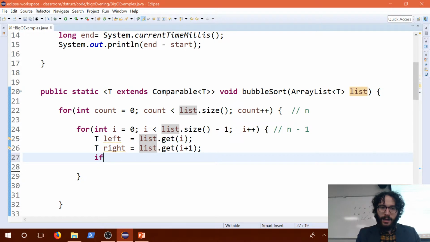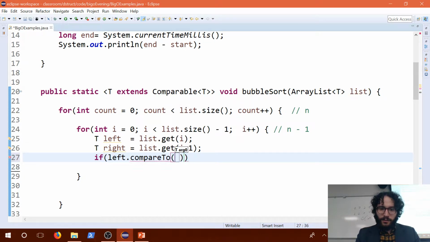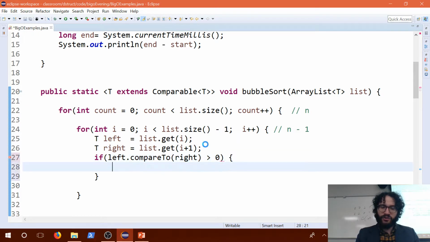Okay, if left.compareTo(right), so if we compare the left to the right, if that is greater than 0, in other words, if the left side is bigger than the right side, or if the left side is supposed to come after the right side, that means they're out of order, so we should swap them.